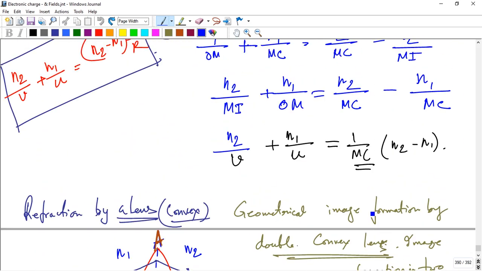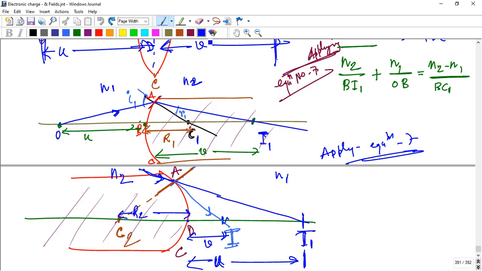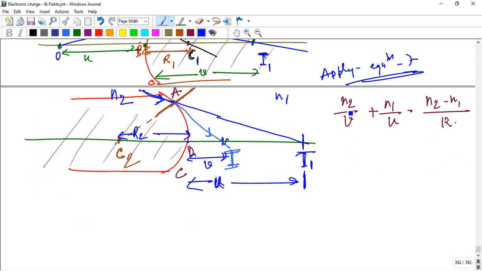The equation is N2 by V plus N1 by U equals N2 minus N1 by R. Here N2 now turns into N1, and V is the image, which turns into DI, so that is N1 by DI. And N1 now becomes N2, and U is DI1.